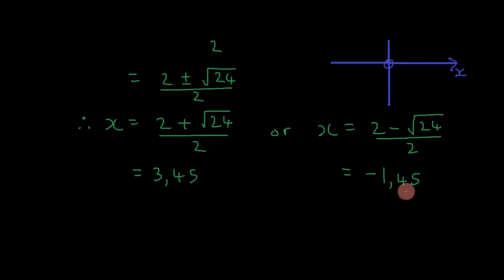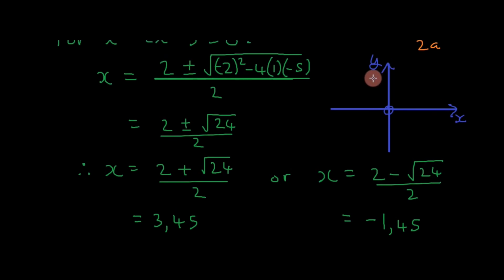And our roots are negative 1,45 and 3,45. So something like this, negative 1,45 and 3,45.